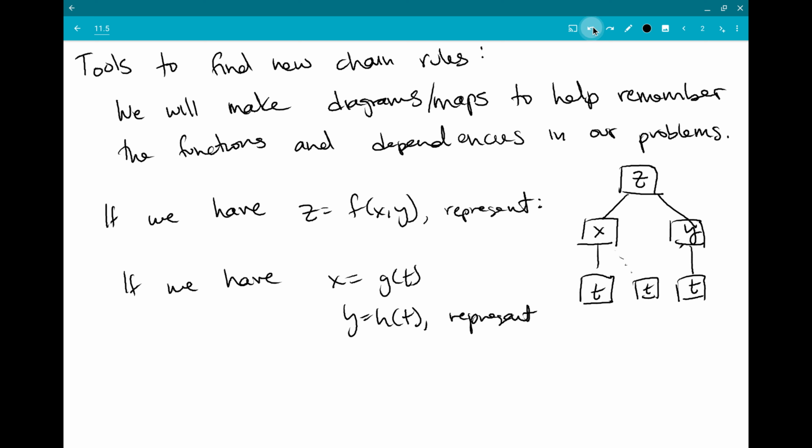Whichever way you prefer to make the diagram is okay, as long as you have an arrow pointing between boxes that represent the inputs to a function that give you the output variable at the top and the inputs in the layer below. I'll write in words what I just said, but I thought showing a picture might be clearer than the verbal description.